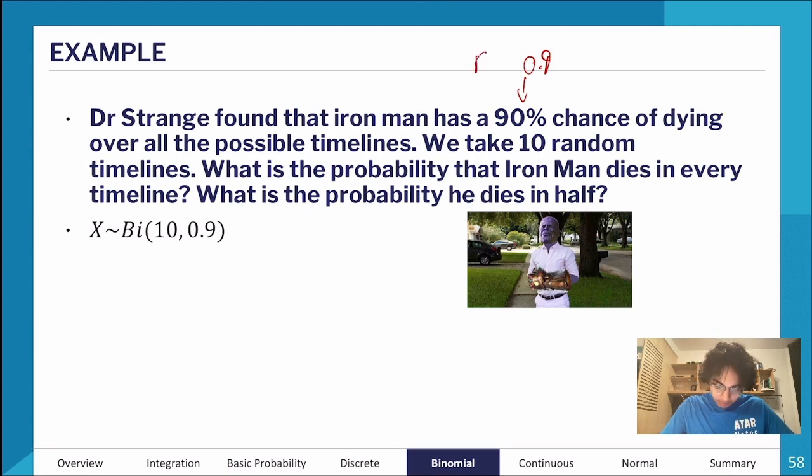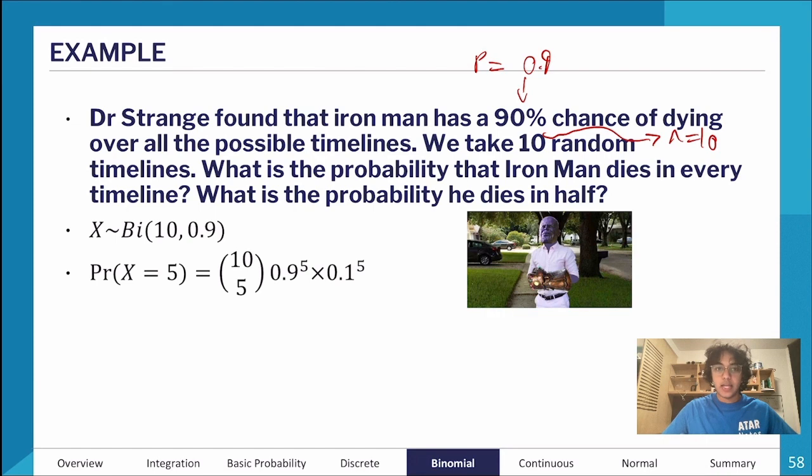So the probability of dying is 0.9. That's what we've defined as a success, because we're trying to find when Iron Man dies. So the probability of death is success. Sometimes the probability they give you is not the probability of a success, so you've got to be really careful with that. And then we want to take 10 random timelines, so n is equal to 10. So X is binomially distributed with n equal to 10 and probability 0.9.